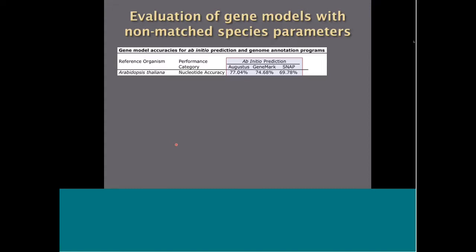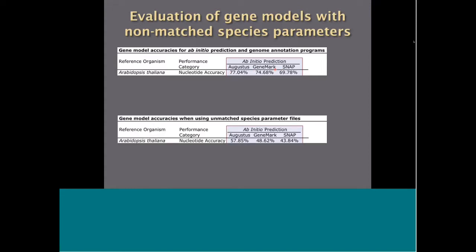So you can see that I had relatively decent accuracy in the 70s, almost 80% nucleotide level accuracy using a purely mathematically based model. But if I use instead the HMM from C. elegans to try and annotate Arabidopsis, you see that the accuracy levels drop dramatically, down to around 40–50%.